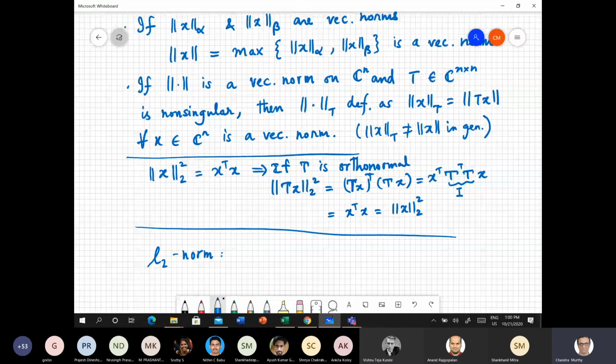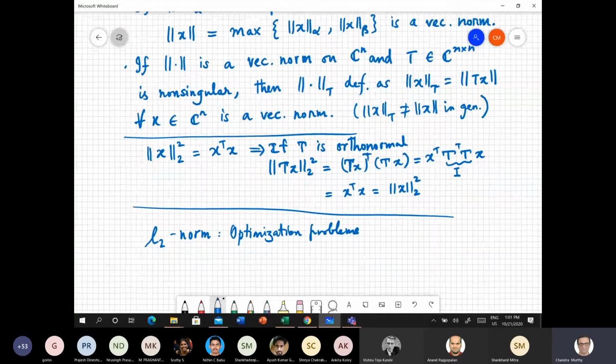And so it's typical to use the L2 norm in optimization problems. Even if you want to use other norms, it's not uncommon to try to reduce it to an L2 norm and then solve a sequence of problems where you're working with the L2 norm and then hope that you will be able to solve the problem involving other norms.